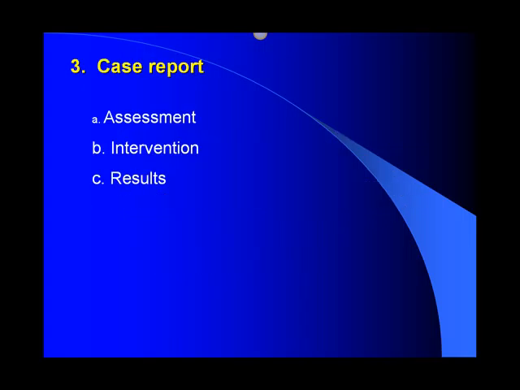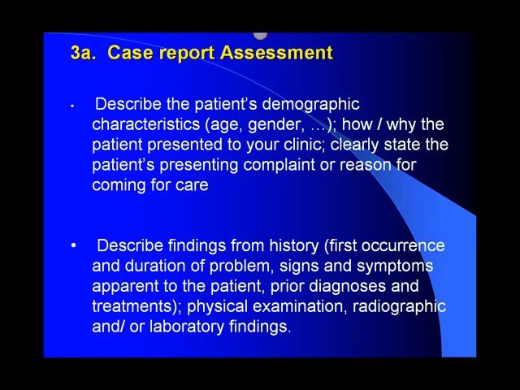After the introduction, we go to the case report, and as we said, there are 3 parts to it: the assessment, the intervention, and the results. So let's look at the assessment. In a case report assessment, you want first to start describing the patient's demographic characteristics: age, gender, marital status, income level, for example, and so forth.